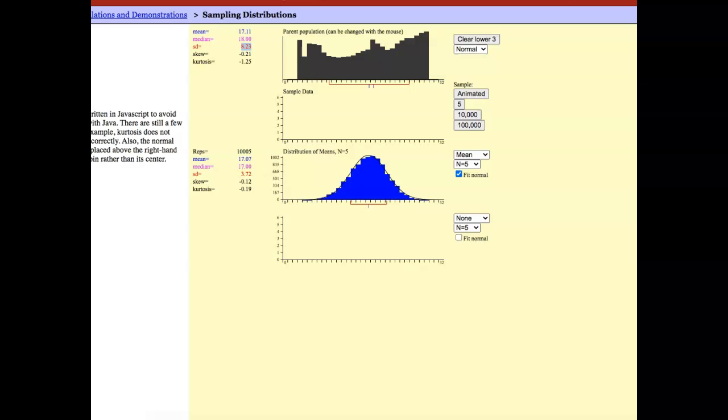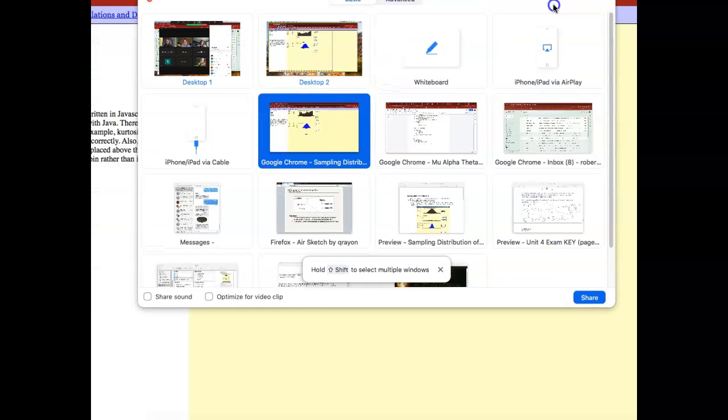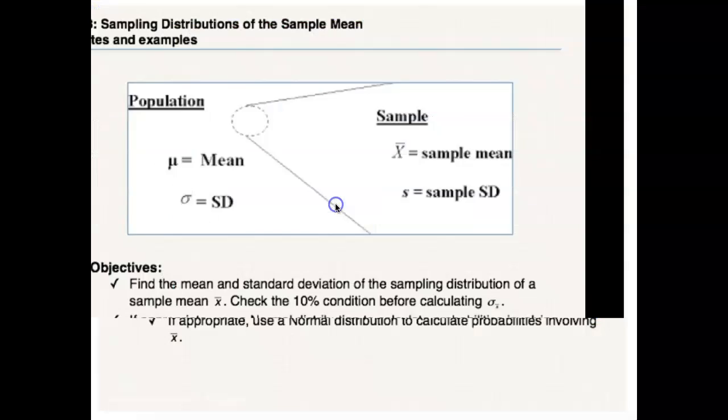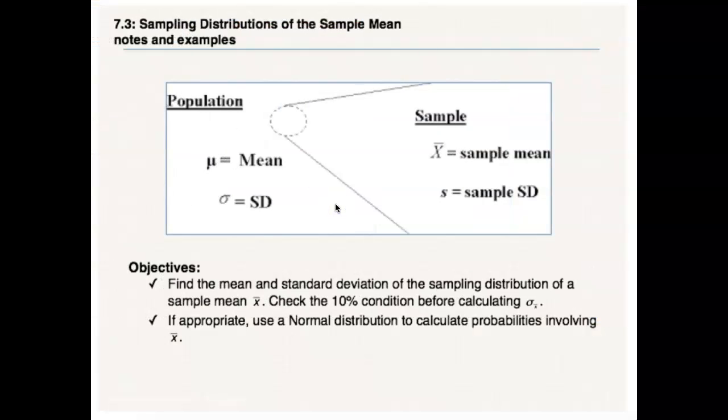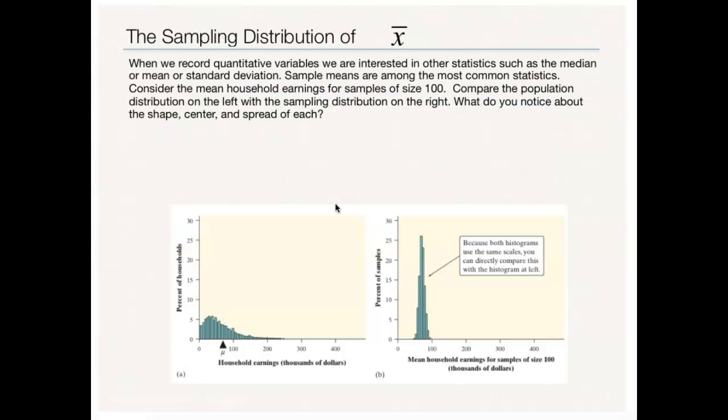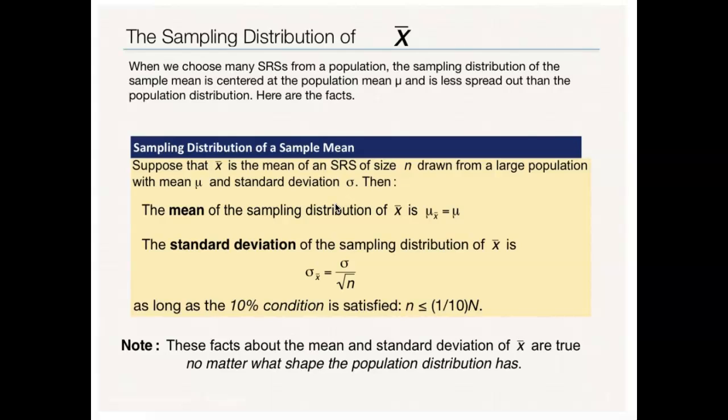All right, so let me give you some facts about sampling distributions of sample means. Let's do that here. All right, so it's also an unbiased estimator. So you're going to get that the mean of the sampling distribution of x bar is equal to the population mean in this case.